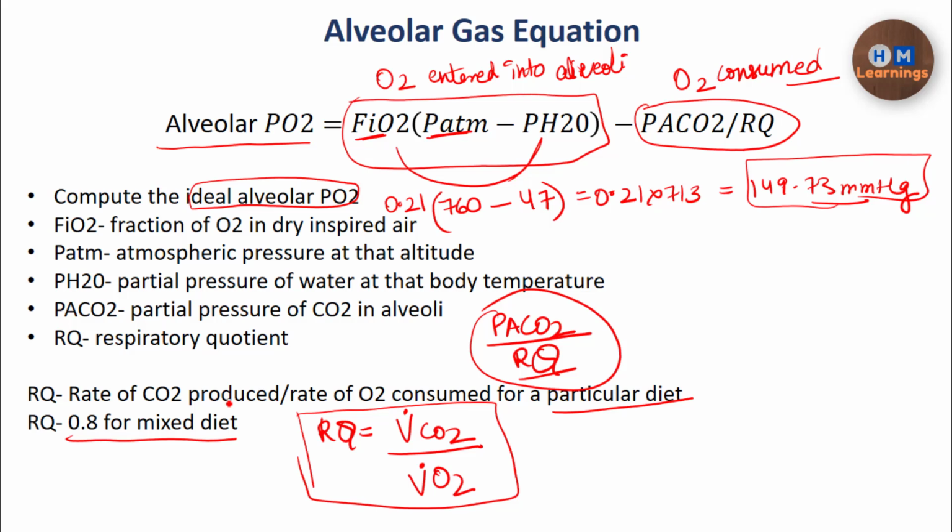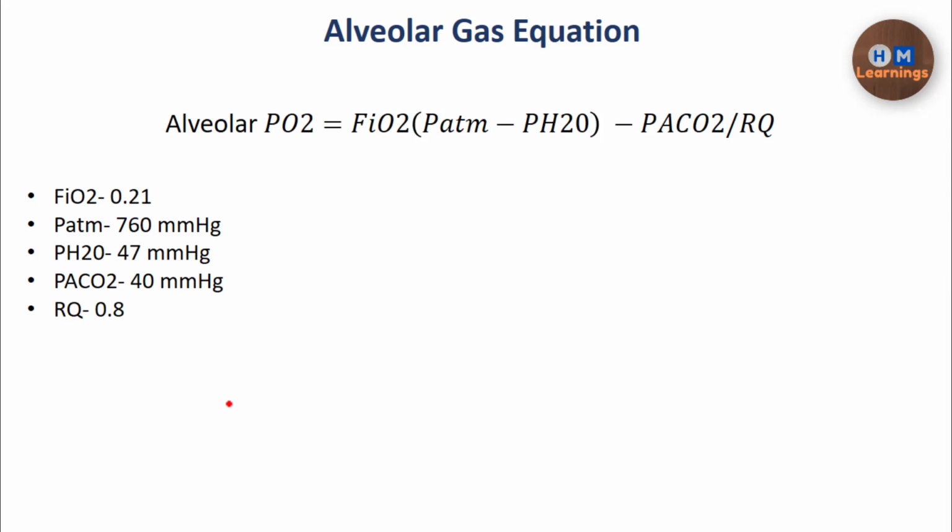From this we can now calculate using the alveolar gas equation. We can use this formula to calculate the alveolar PO2. As I said, this part of the equation tells you the partial pressure of oxygen which has entered the airways and the alveoli.